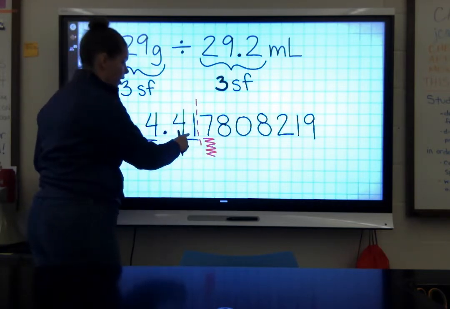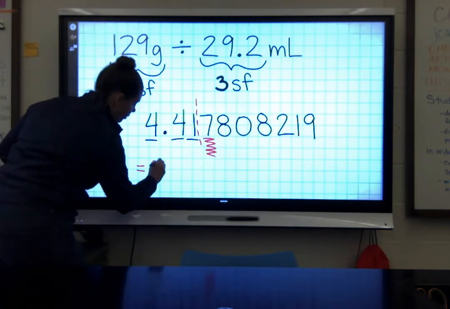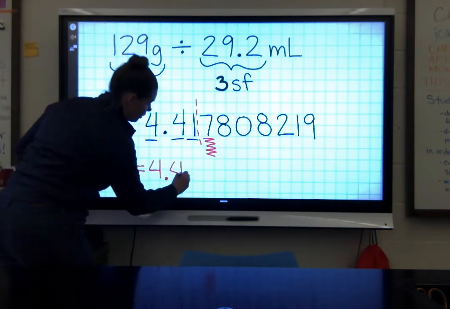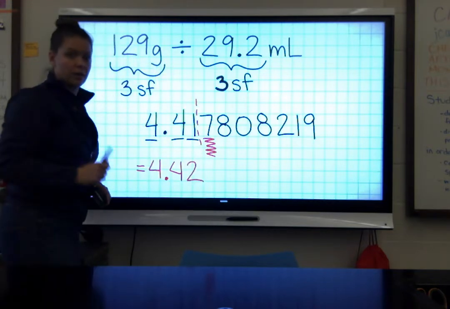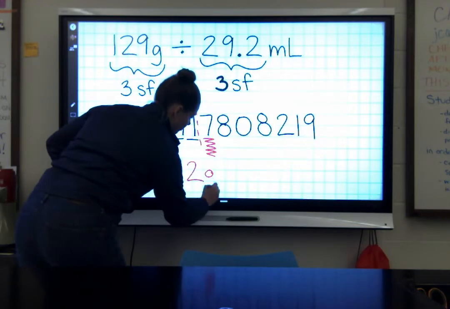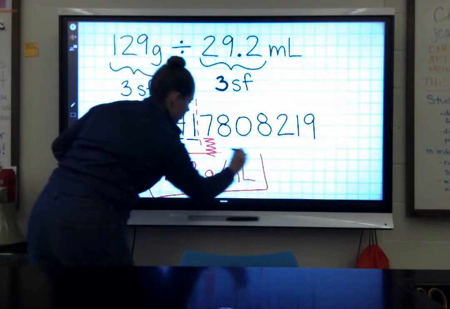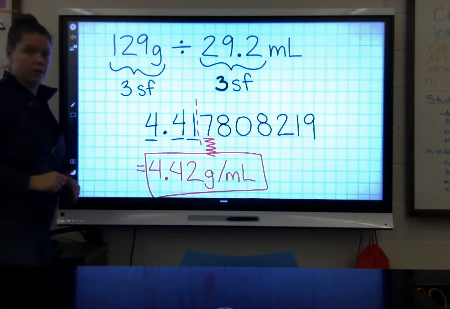All right, so that 1 is going to turn into a 2. 4.42. And then remember our units, grams per milliliter. And that is our answer for the first problem.